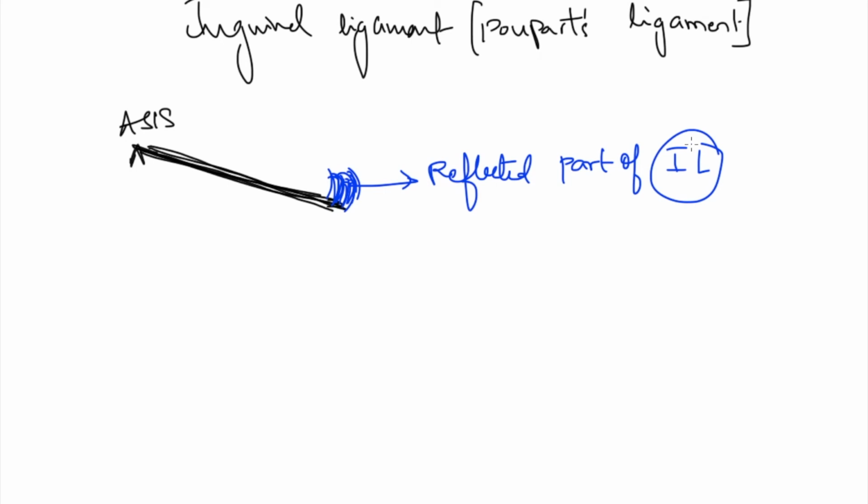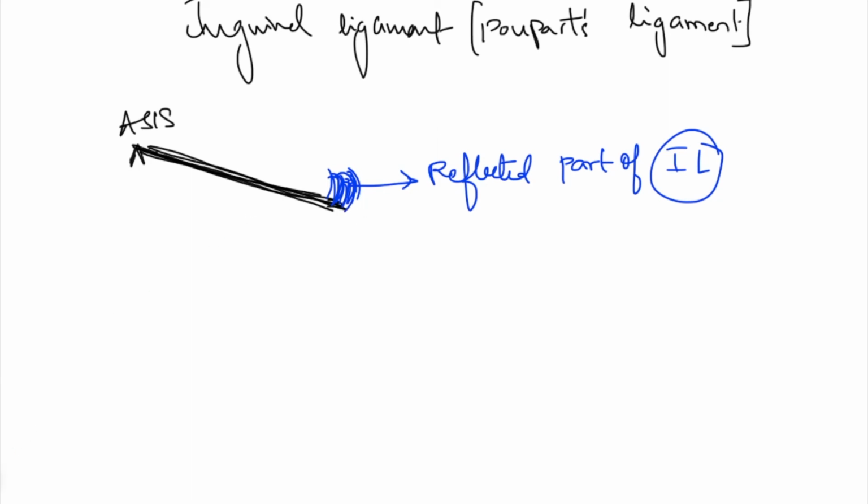Now there's one more thing that needs a little bit of clarity here to understand the development of hernia and the repair of hernia. Without knowing this concept, it becomes pretty hard to understand the repair mechanisms. See, here is the reflected part, right?